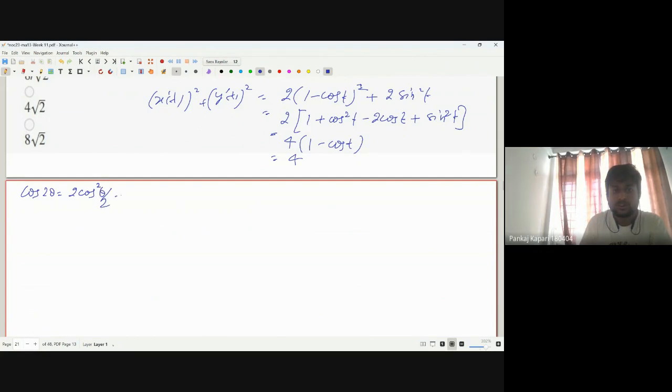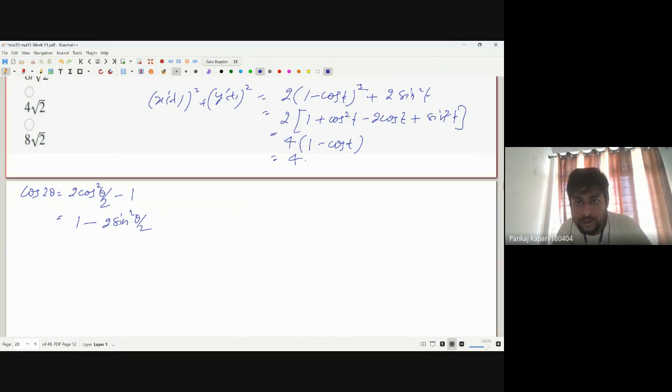One is 2 cos square theta minus 1, and another is 1 minus 2 sin square theta, right? Okay, so if you follow this, then 1 minus cos t just becomes twice of sin square t by 2.